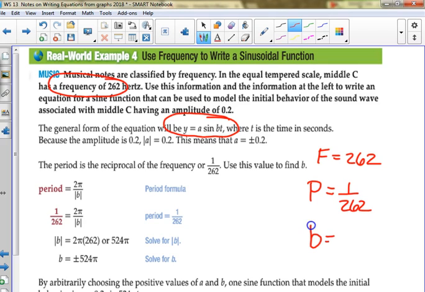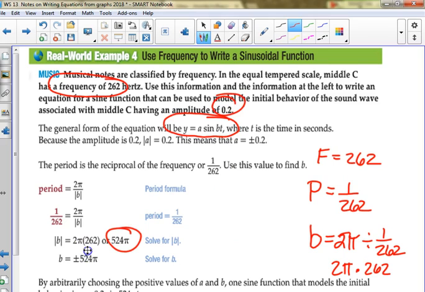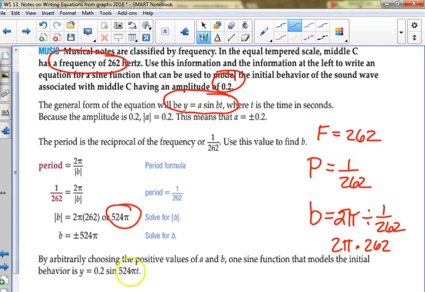So if we want B, we have to do 2 pi divided by 1 over 262, which is 2 pi times 262, which is where they got this lovely 524 pi. And at the end of the question, it said the amplitude is 0.2. So they stuck that 0.2 in there and got that equation.